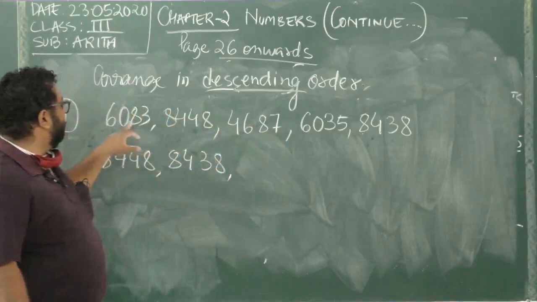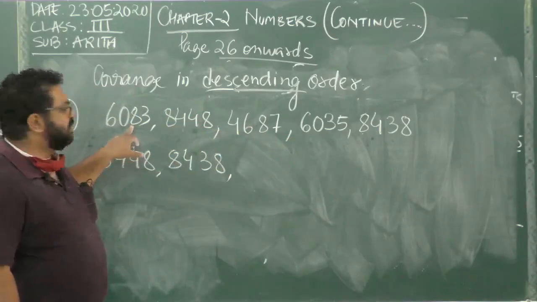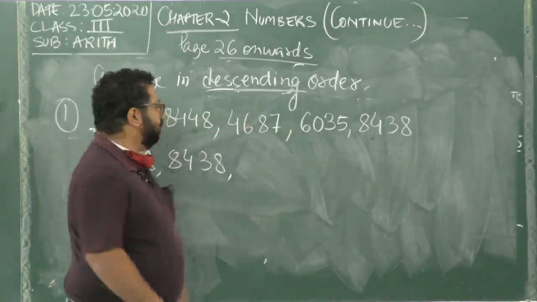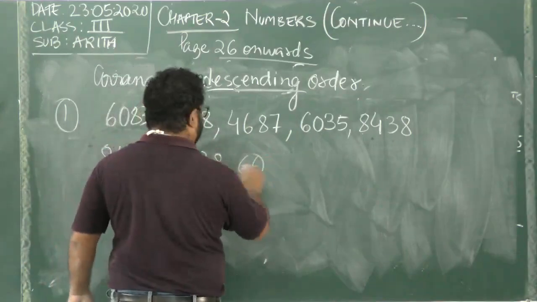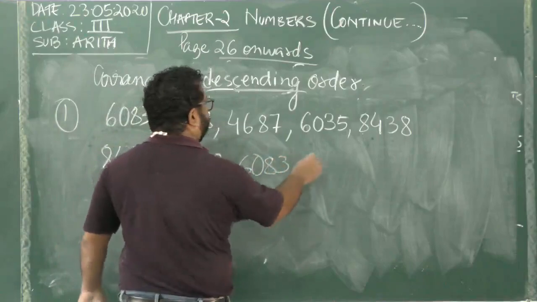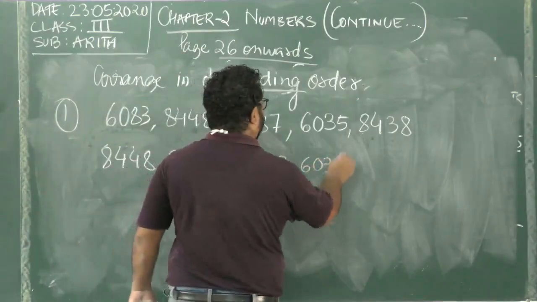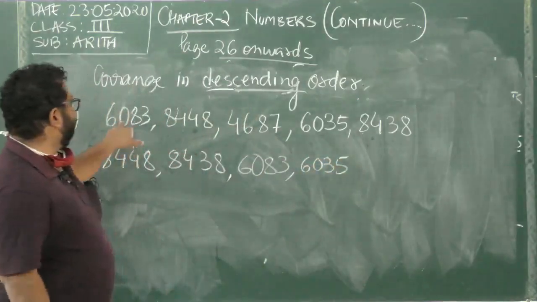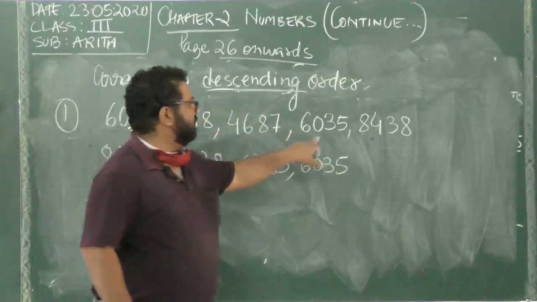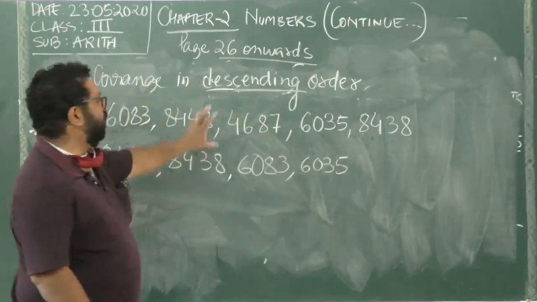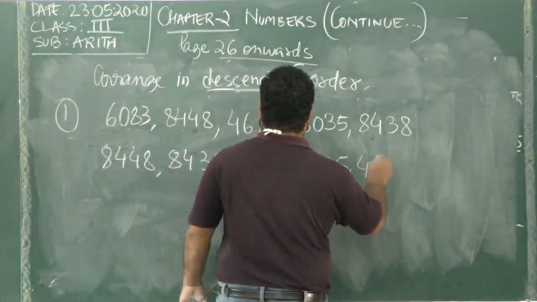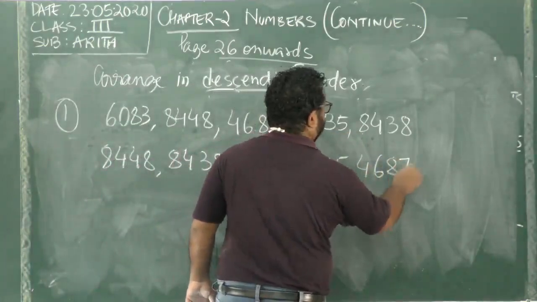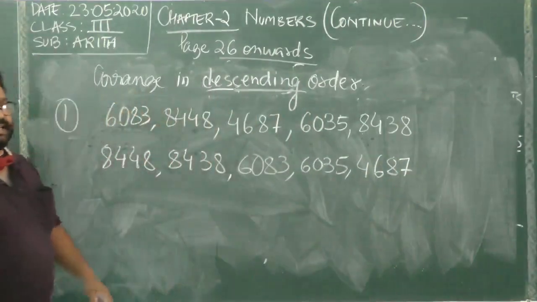Then we see that we have 8 tens here, there are 3 tens. So we know that this number 6,083 is more than 6,035. So this number is finished, this and that number are also finished. So what we are left with is 4,687. So this is how we have arranged them in the descending order.